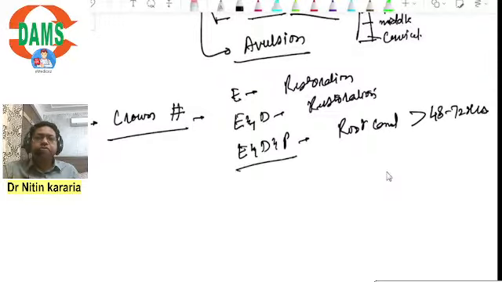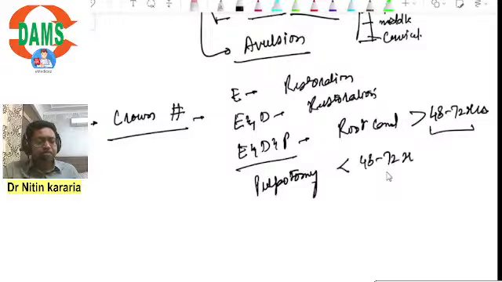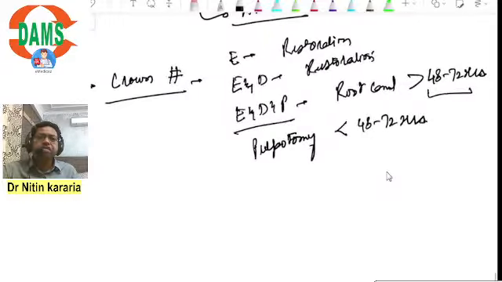EDP stands for exposure of enamel, dentine and pulp. Root canal has to be done if the trauma has occurred more than 48 to 72 hours. Otherwise, pulpotomy, that is removal of the coronal pulp, if less than 48 to 72 hours. This is the distinction, because whenever there is a fresh trauma, the pulp is not fully inflamed, there is no need to remove the entire pulp from the root canal.